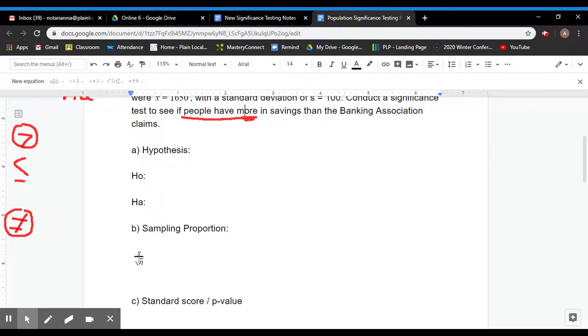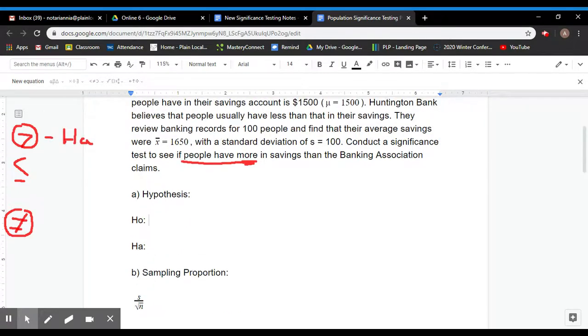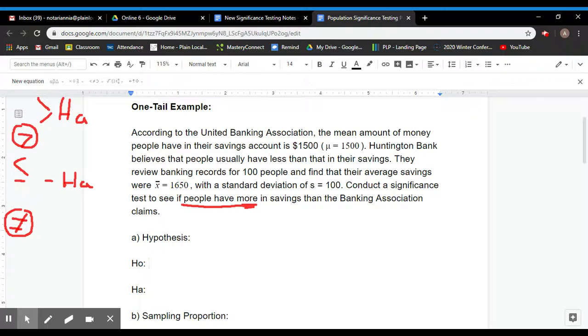Next, the first step in significance testing is hypotheses. So H0 is always going to be the initial claim. The initial claim, the population statement, was that 1,500 was the average people have. So our H0 is going to be mu equals 1,500.